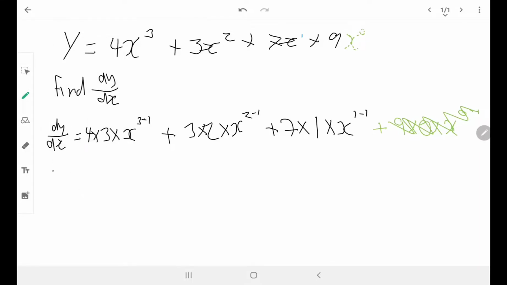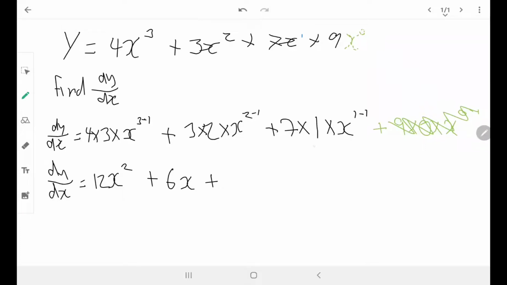So let's look at this. dy over dx, your gradient: 4 times 3 is 12, and then we have x to the 3 minus 1, which is 2, so 12x squared, plus 3 times 2 is 6, and then x to the 2 minus 1, so it's just x to the power of 1.